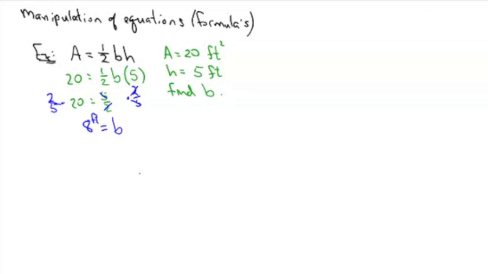What if I give you a different area, a different height, and I still want you to find base? You'd have to go through the same process to find it. Agreed? How many times would you want to go through the same process? Me? Once. If I ask you again, area equals 100 square feet, height equals 5.75 feet, find the base.